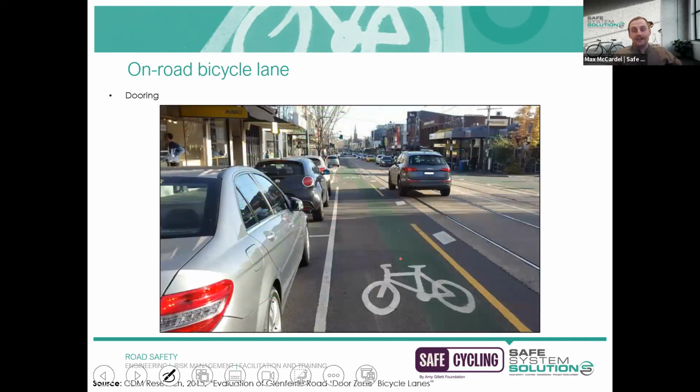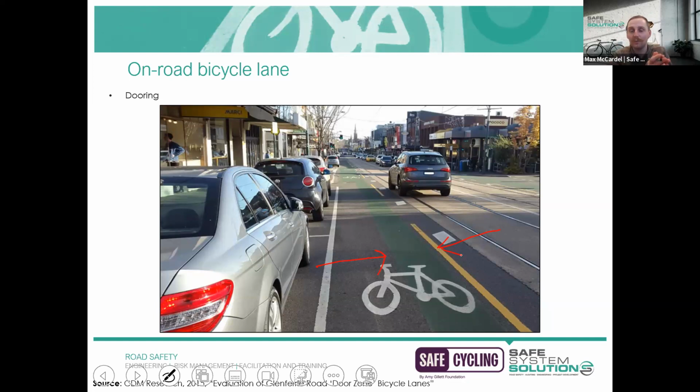Okay, now I wanted to show this as a little bit of an example. This is a relatively common setup for our on-road bicycle lanes, but the difference with this treatment is it's a little bit difficult to see with the photo, but there's just a green stripe. You can see that section there is only colored green.